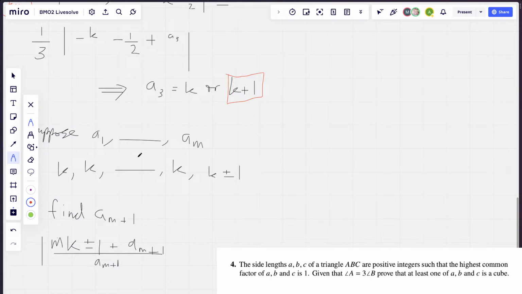What this implies is that B divides A cubed, right? By definition. Yeah, right.